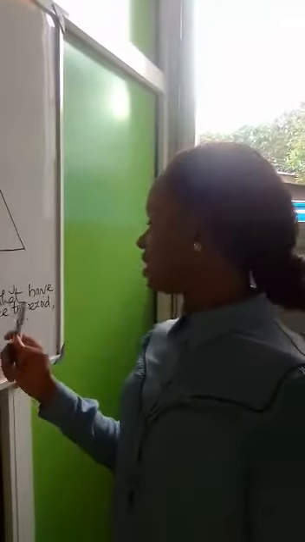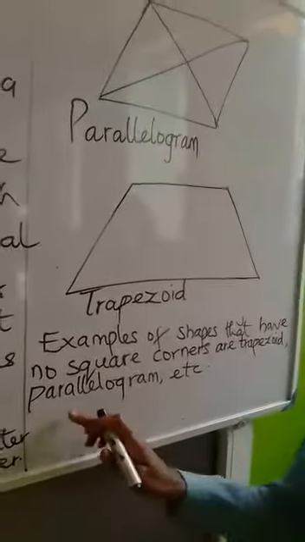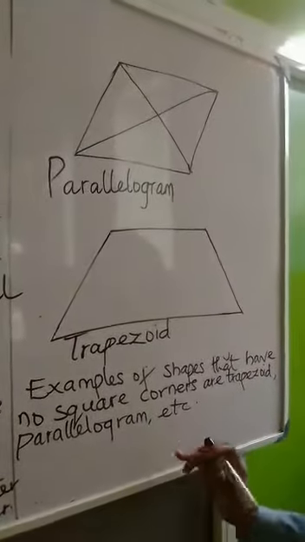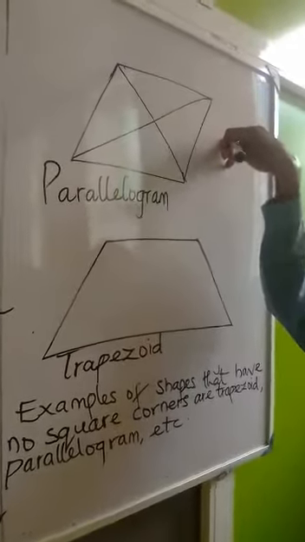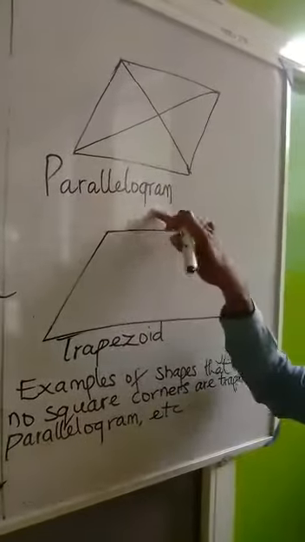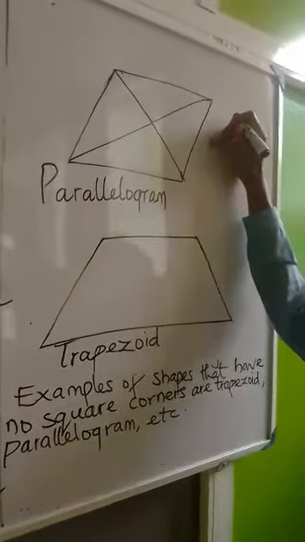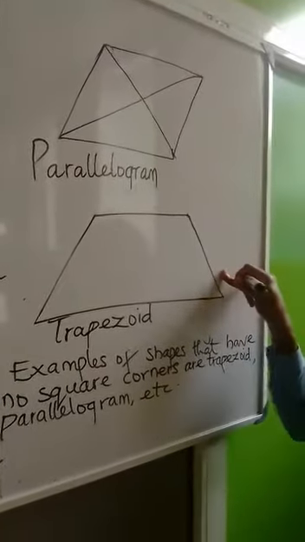The examples of shapes that have no square corners are trapezoid, parallelogram, etc. So, look at the diagram of parallelogram. This is the shape of parallelogram. This is exactly how to draw a parallelogram. And this one is what? A trapezoid.